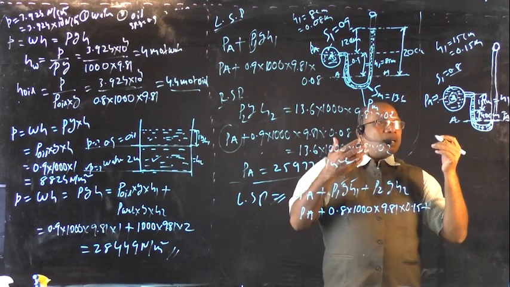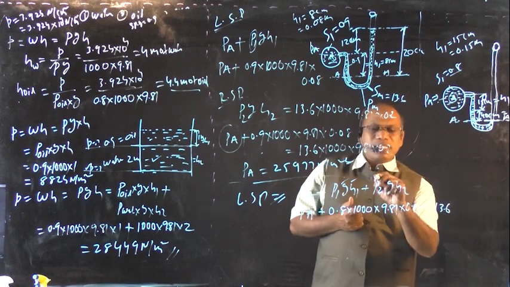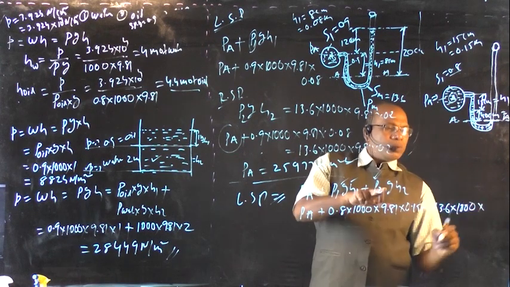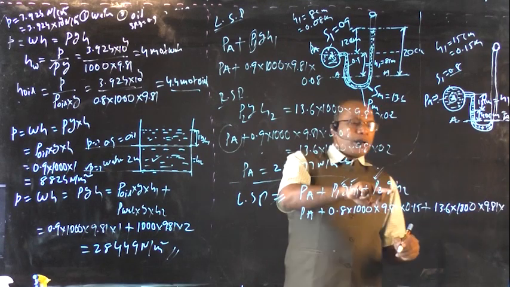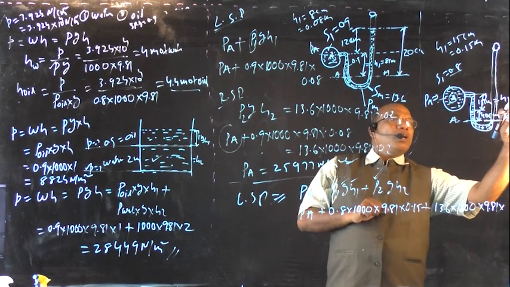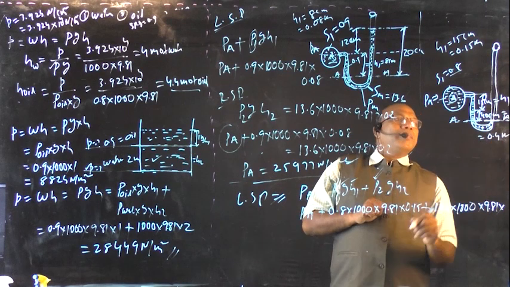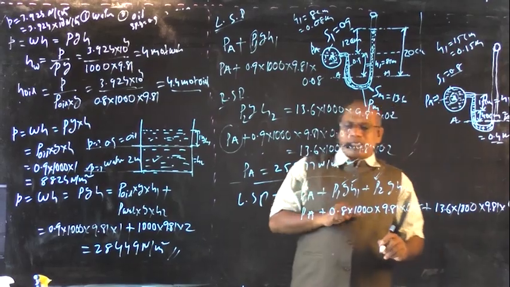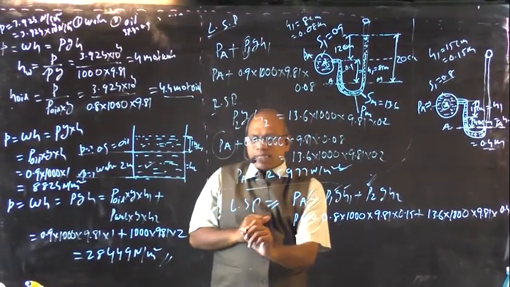Mercury density is equal to specific gravity of mercury, 13.6 into 1000 into g, 9.81, into H. The mercury level is 40 centimeters, that is equal to 0.4 meters. These are the left side pressures. Then the right side pressures.